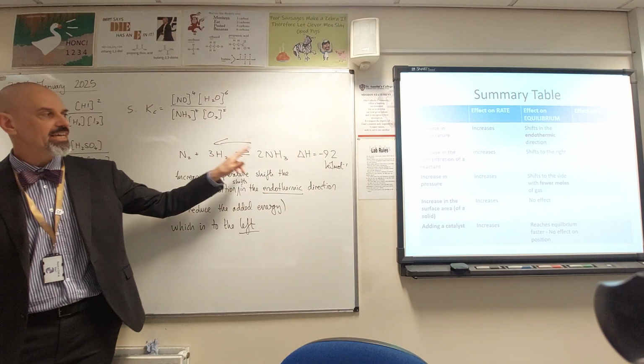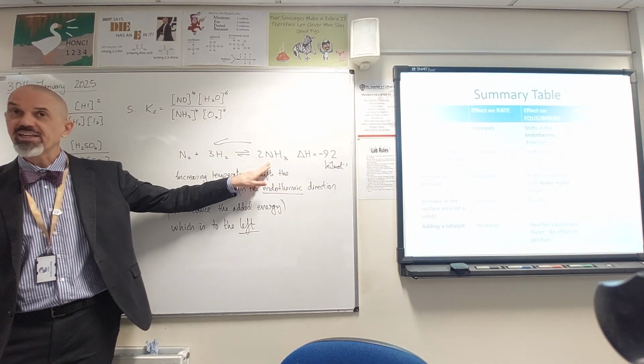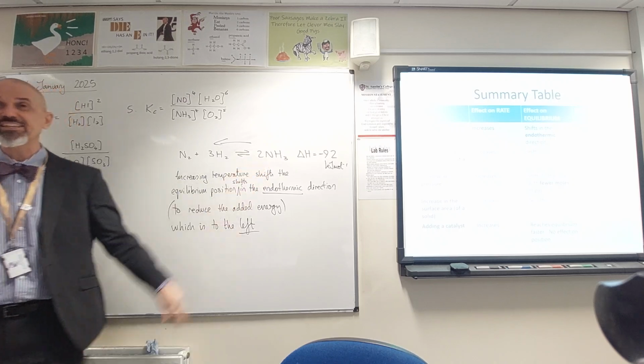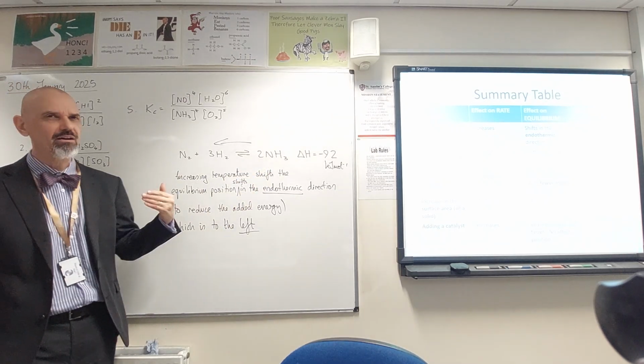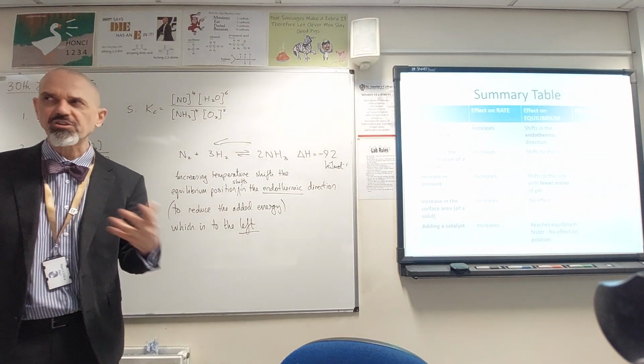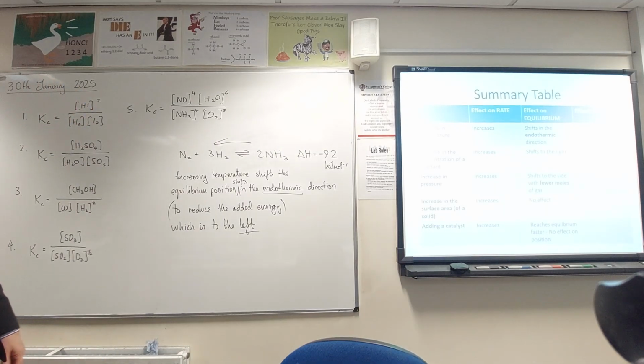So we're making more, less? Less. The equilibrium yield of ammonia is going to go down. Remember, we talked about optimizing the conditions for temperature. We've got to have a balance between rate and yield.